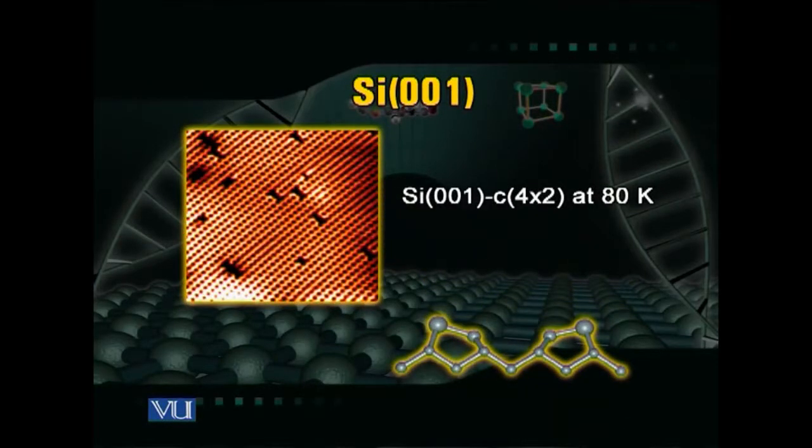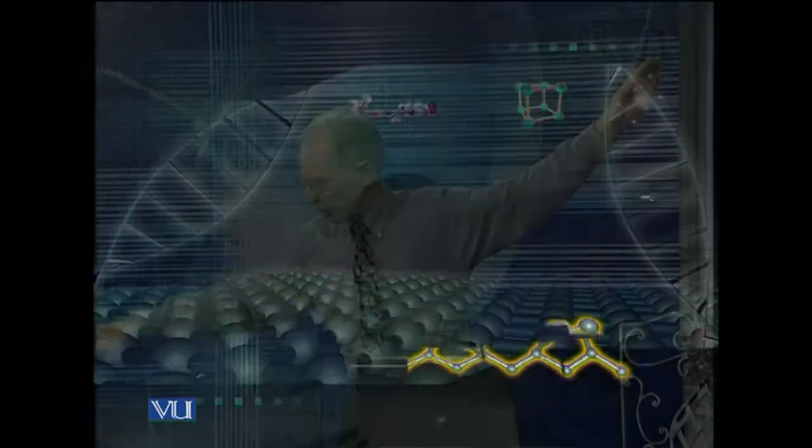You're down with a partner that's up. My partner over here is down with his partner up. So the repeat length is 1, 2, 3, 4, so it's a 4x2 structure. I'm learning something about the dynamics. I'm learning about things at the atomic scale, which I can then use for subsequent growth studies of silicon.